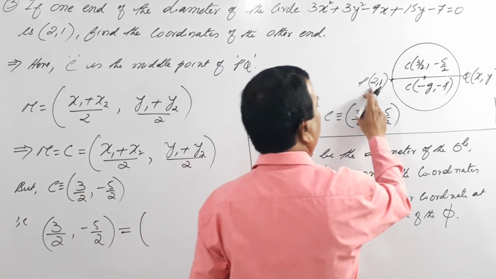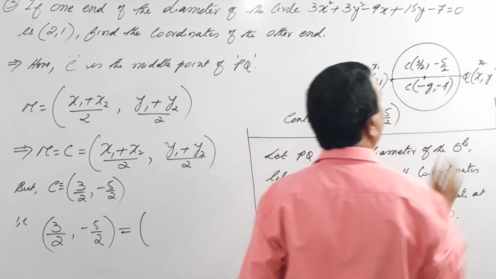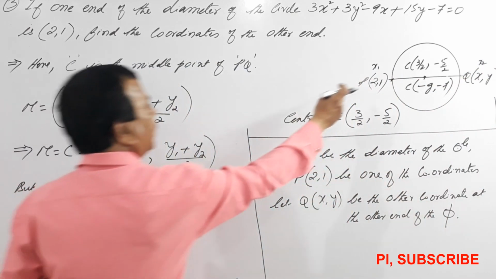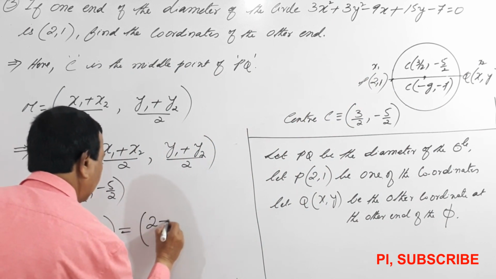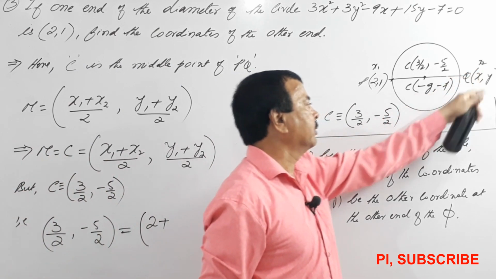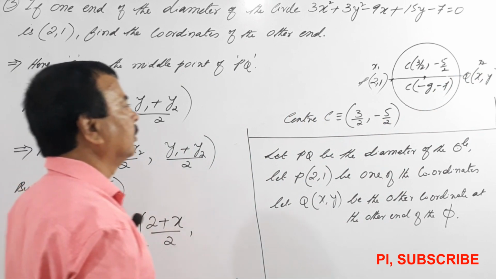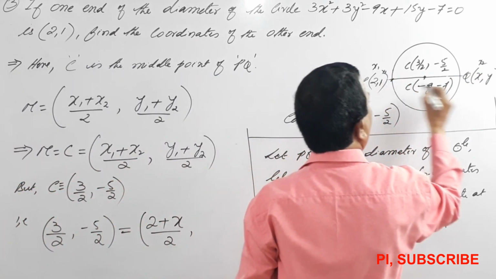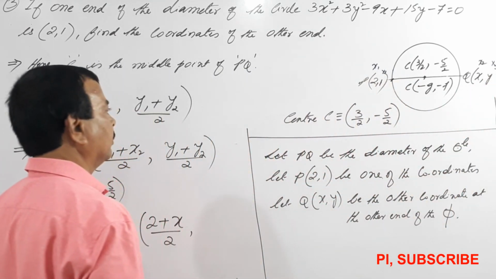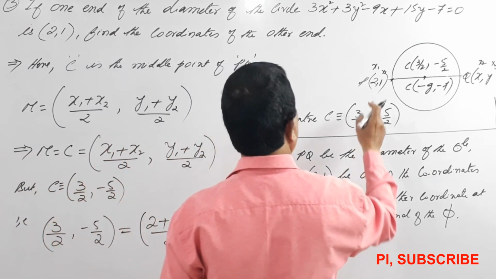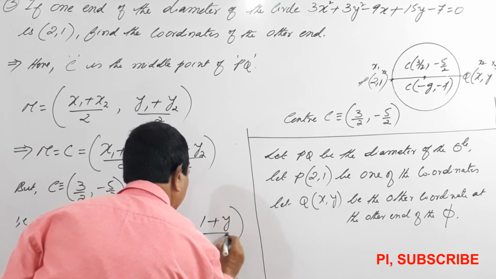If I consider this as x1 and this as x2, x1 is nothing but 2, plus x2, which is nothing but x, by 2 comma, this is our y1, this is y2. y1 is 1 plus y by 2.